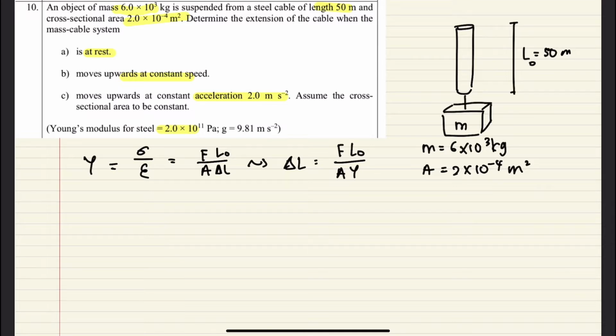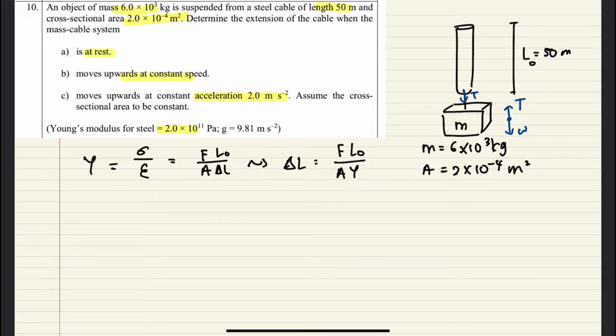So if I try to draw, this will be the tension that is pulling downwards on the cable, so this is the applied force on the cable. And if you want to focus on the mass, you will have tension and weight like that. You know that the tension values are the same, because it is basically the same cable. If a equals 0, it is at equilibrium, right?